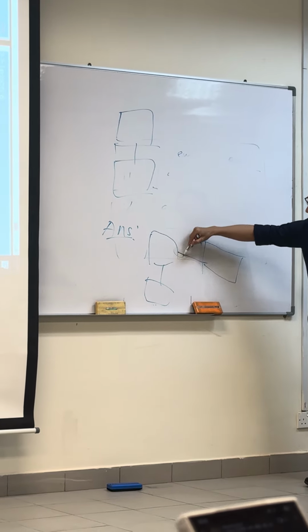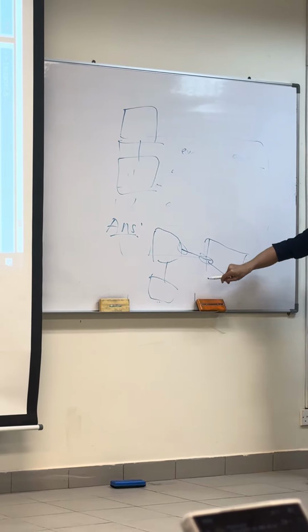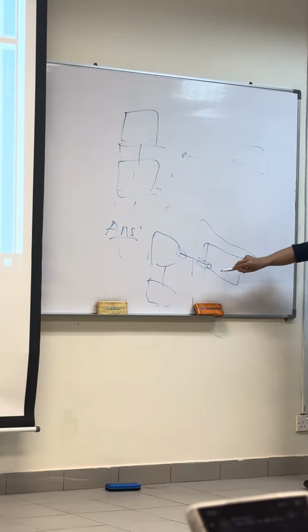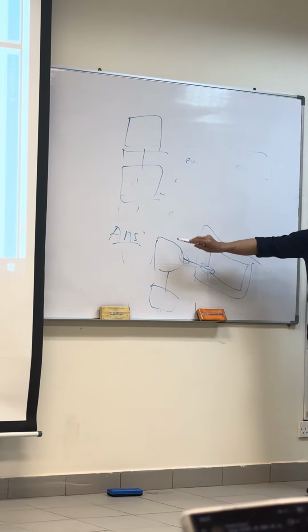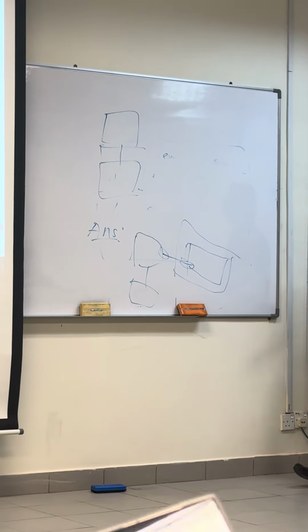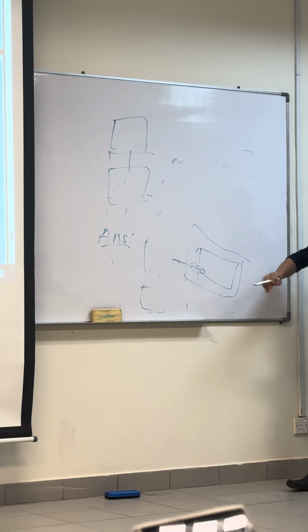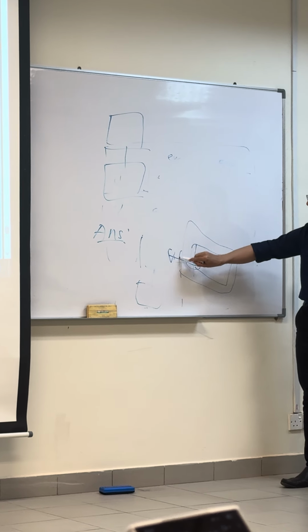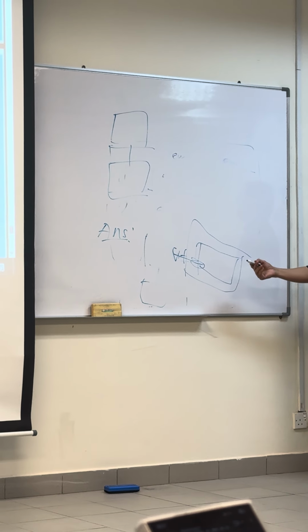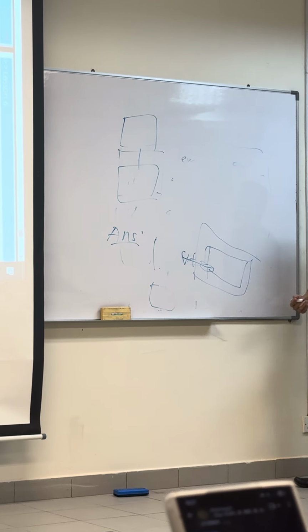Because I want to see the relationship for this table, which table you connect to. If you just leave it like this, with no connection to any table, I don't know, so I cannot give you the marks.